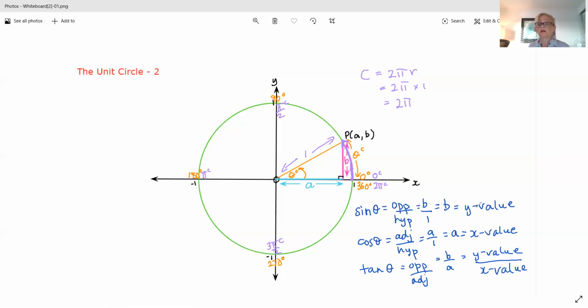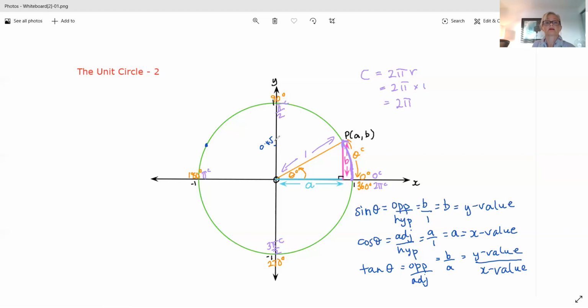These are going to be the new ways we consider sine, cos, and tan. So any point around the outside of our unit circle, if I want to know what the sine value is there, what I'm really asking is, what is the Y value? And in this particular case, it's going to be about 0.45 or something like that, isn't it?